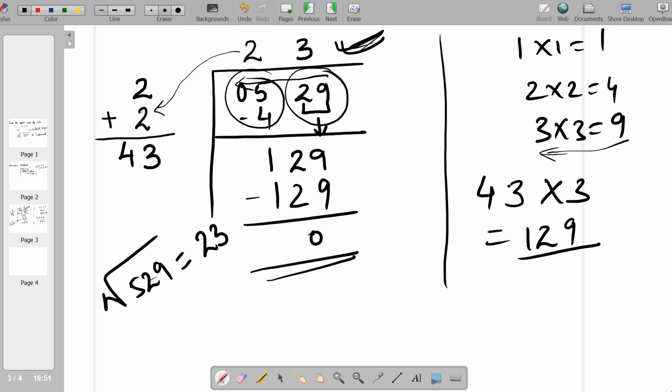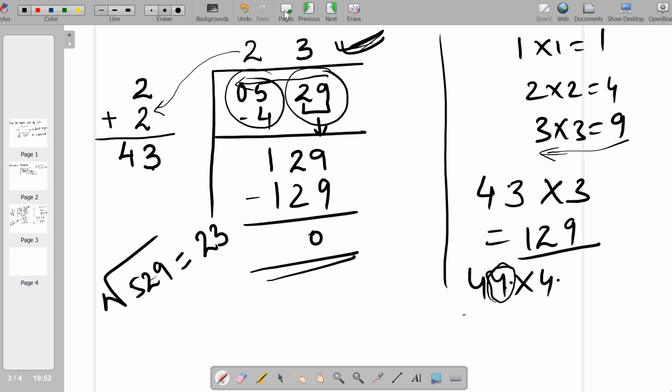Means if it would have been like 44, then 4 into 4. Whatever number you are inserting at this stage, that same number will be multiplied by the whole number. Alright. So the square root of 529 is 23.